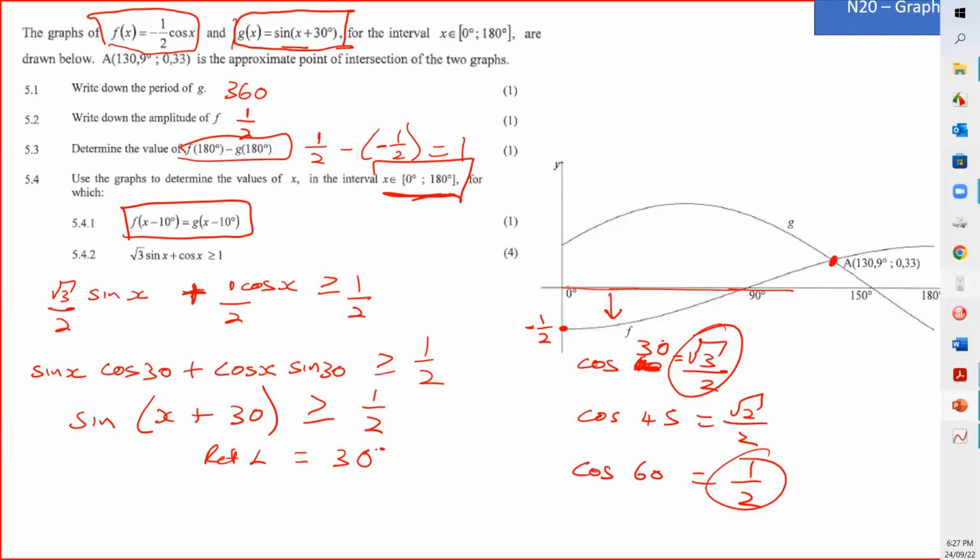But now, remember, we're dealing with an inequality. So we have x plus 30, that's the angle, which is equal to 30. So we will get x to be 0 here.